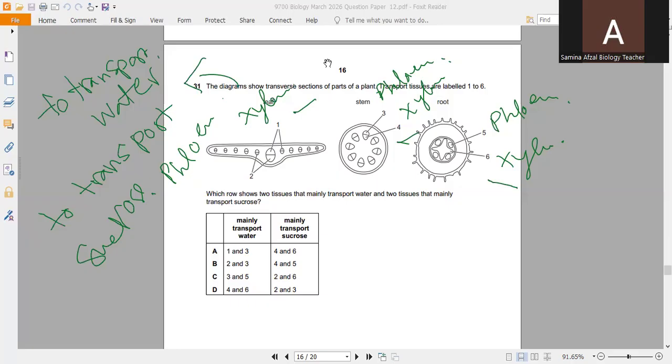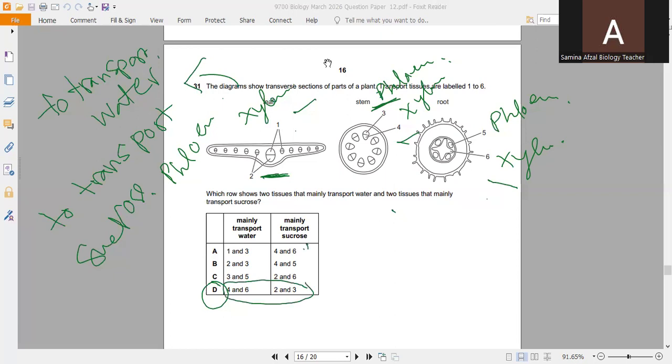So they have excluded 1, so only 4 and 6 options are there. So if we go with D. And then phloem mainly sucrose, so it can be 2 and 4.